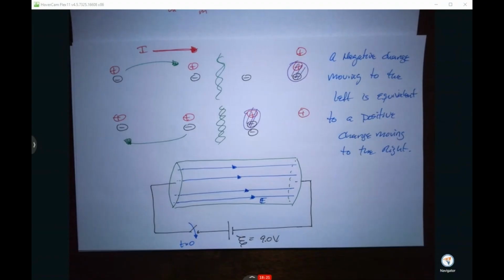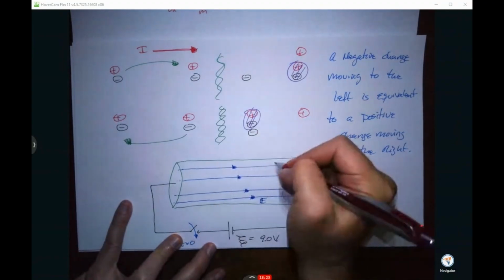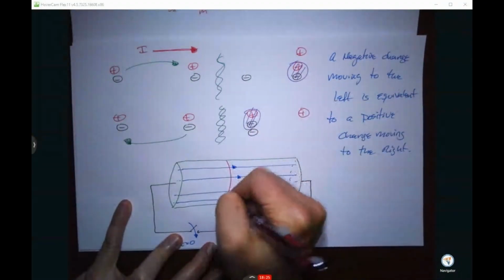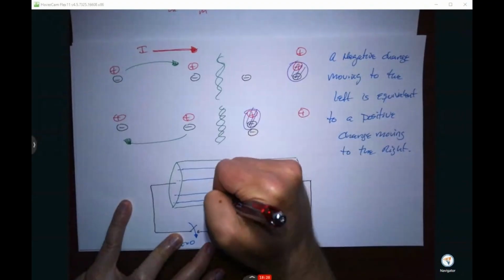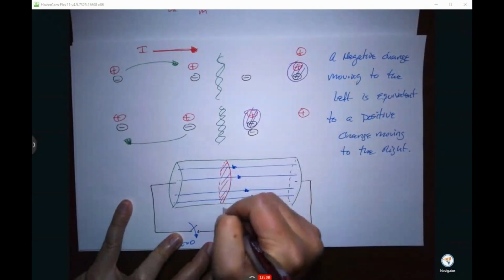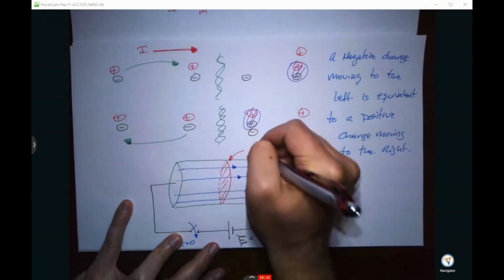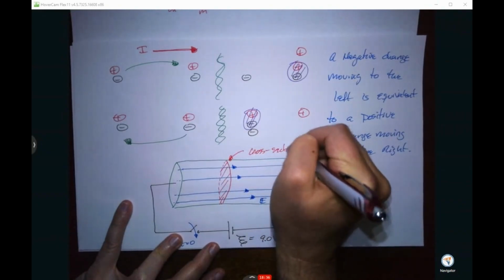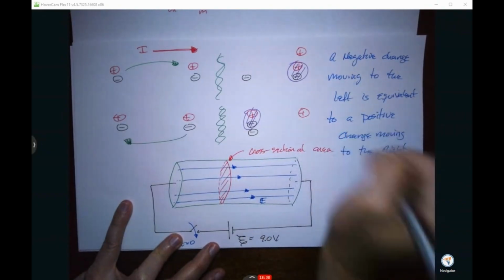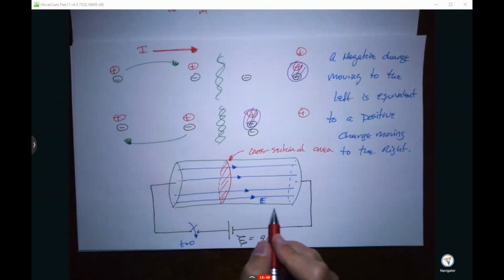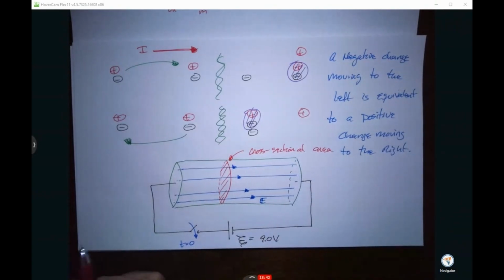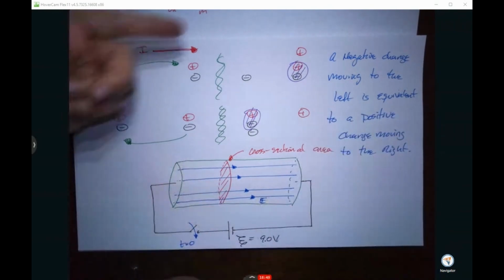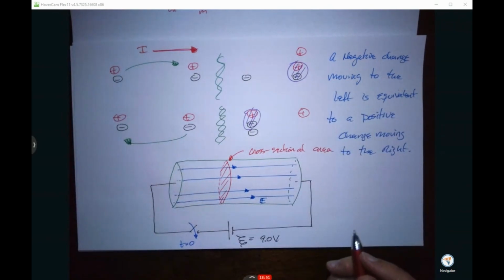Now, what we can do is identify our little area. This is usually taken to be a cross-sectional area through the conductor. And while technically it is the negative charges that move, I'll probably just draw it as the positives moving, because negatives moving left is equivalent to a positive going right.